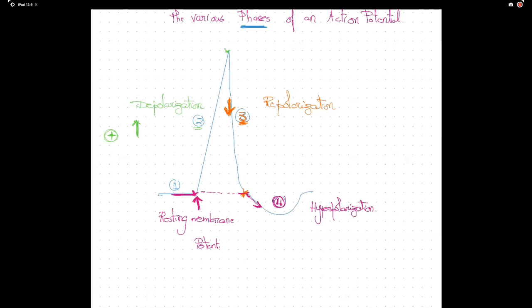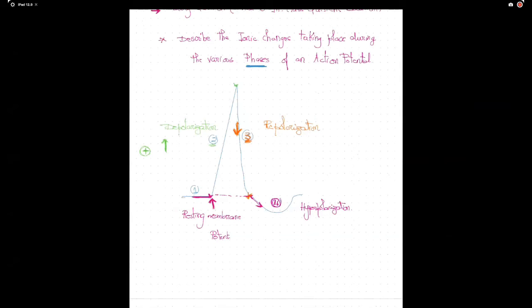All right, this is a long essay question. So I want you to mention all the details that are taking place in terms of ion movements in all those four phases. This is about a page and a half or 2 pages long essay question that I'm expecting from you.